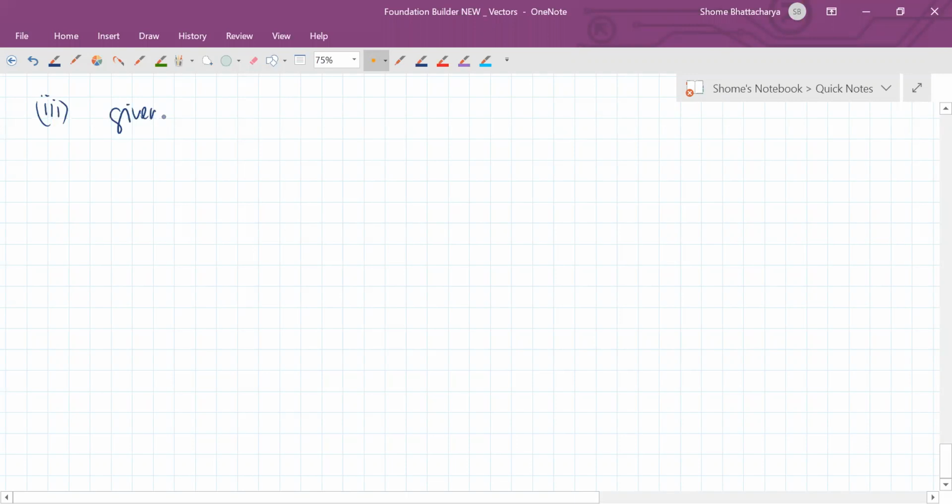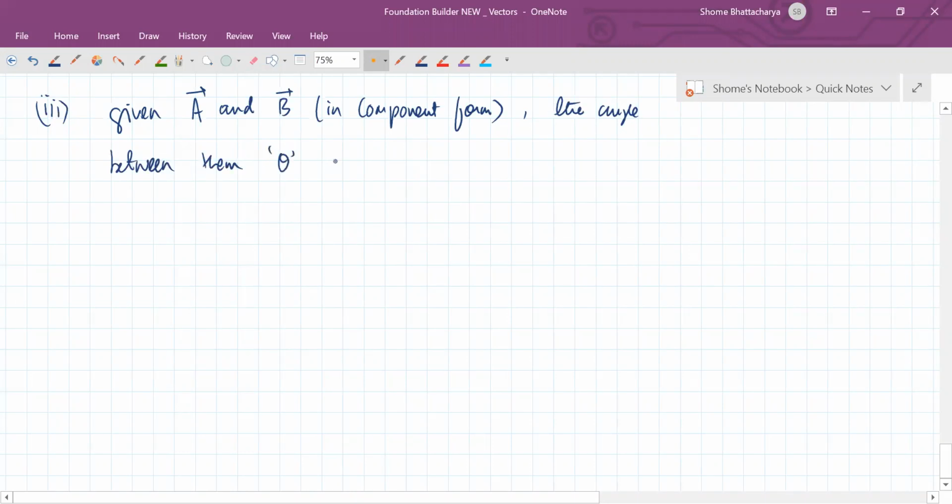So given vectors a and b in component form, the angle between them, theta, can be calculated by this very simple application, that cos theta is a dot b divided by magnitude of a into magnitude of b.